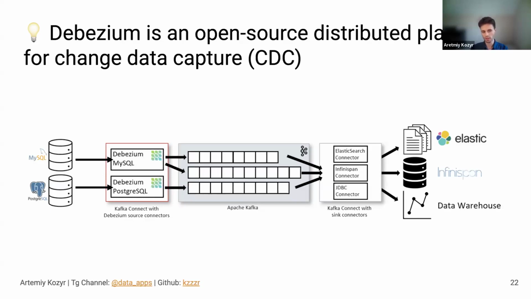Debezium reads the replication log and writes data to Apache Kafka to multiple topics. And then from Apache Kafka, you can run a sink connector to write this data to any destination of your choice. It could be Elasticsearch, it could be a data warehouse, it could be other message queues, etc.